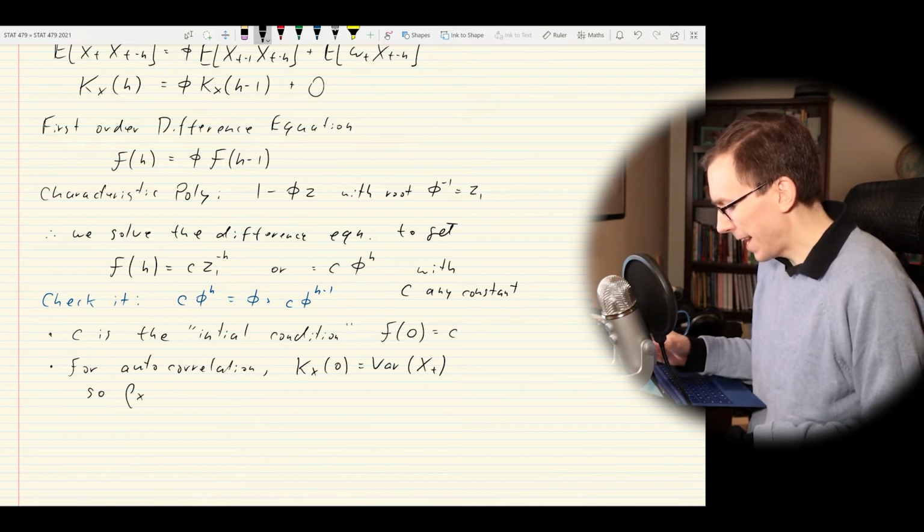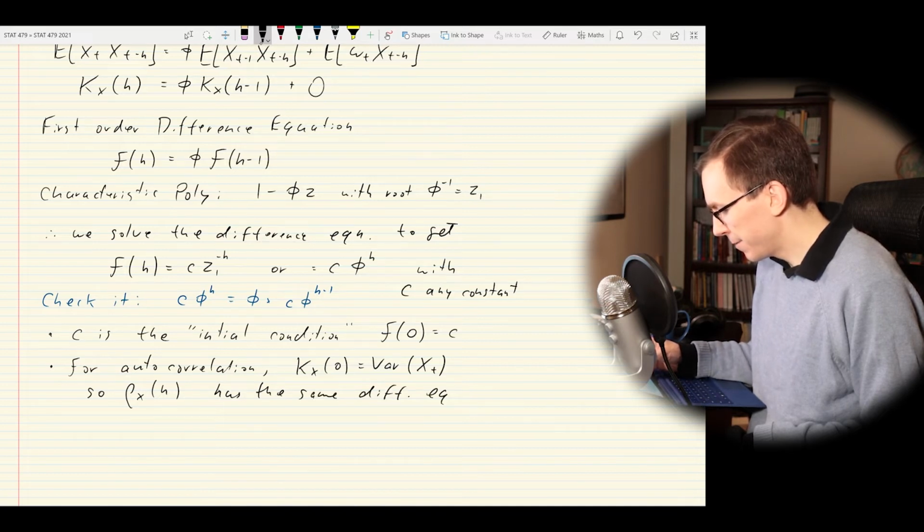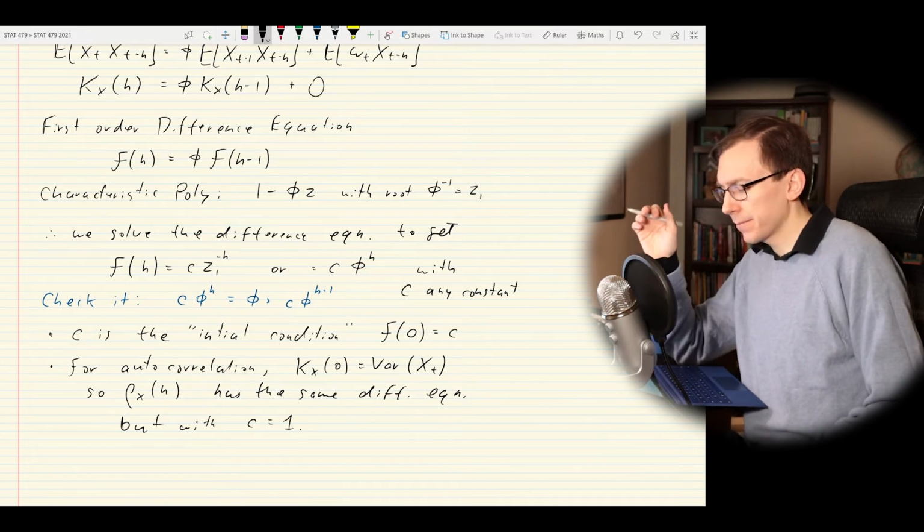So rho of x, the autocorrelation at h, has the same difference equation, but with c equal to 1.